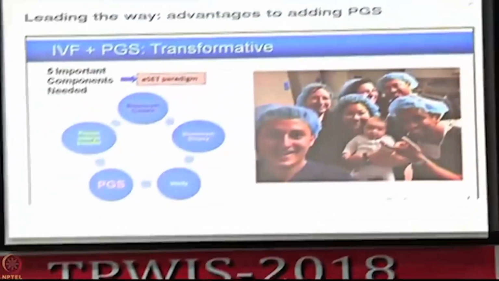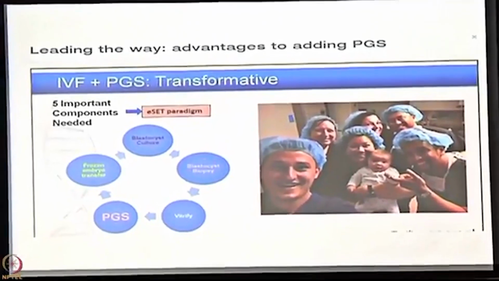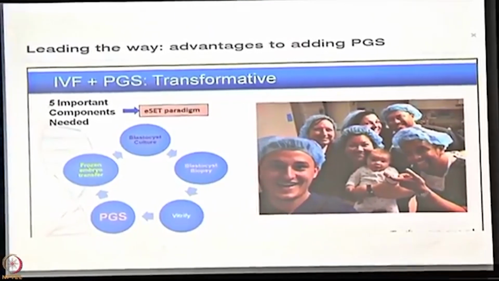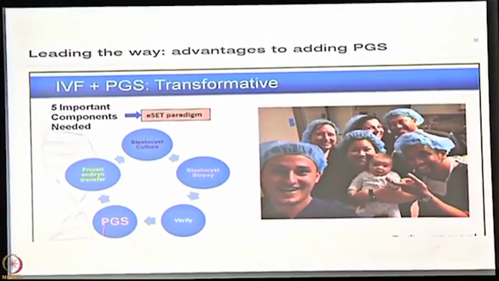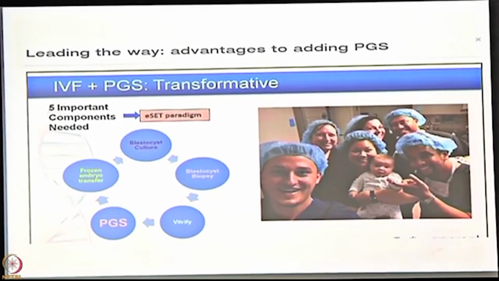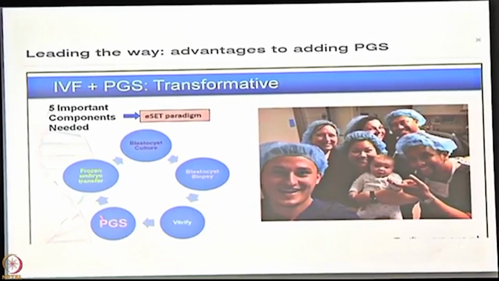Doctors basically do the blastocyst culture, and they do the biopsy and freezing of the embryo, but they skip the PGS, preimplantation genetic screening, in India. After freezing, these embryos are taken and used for the IVF. So they use 3 to 4 embryos and directly implant. What we are telling doctors is to do the PGS, identify the good embryo, and implant only one.